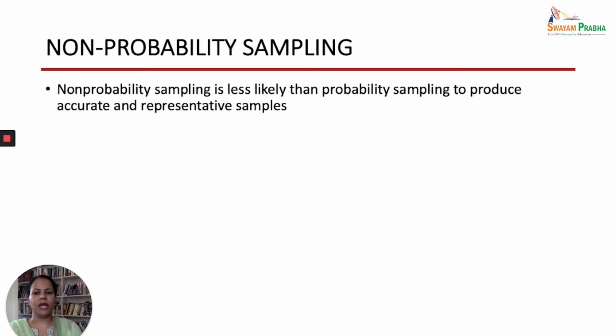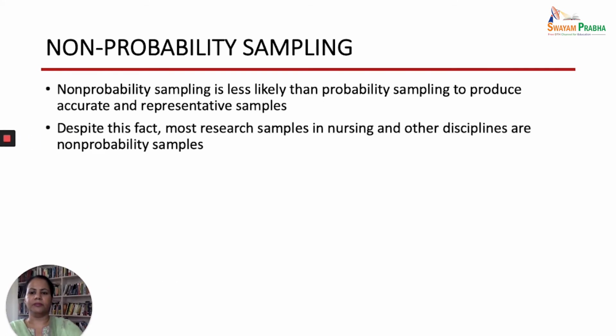Because of that, non-probability sampling is not taken as a very good representation of a population. That is why it is always said that it is less likely to produce accurate and representative samples.